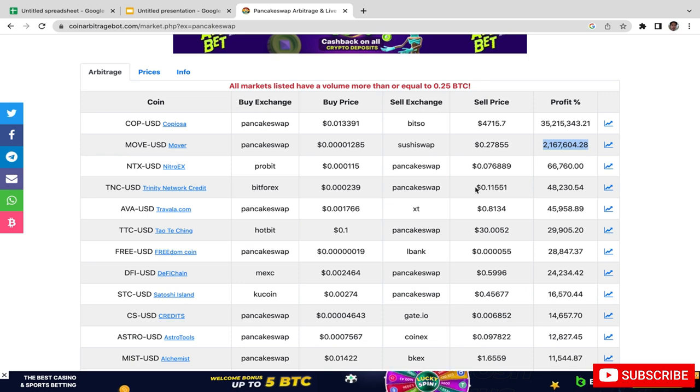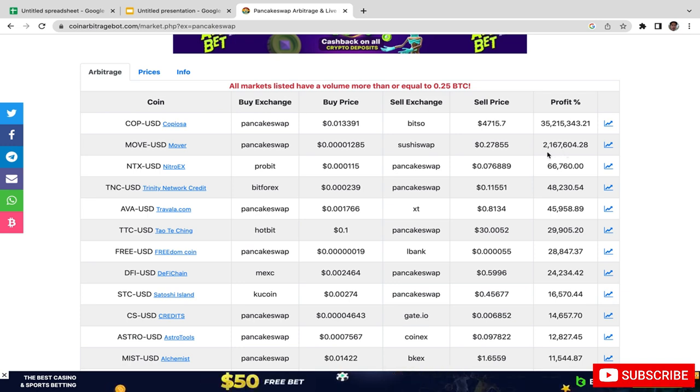The second one here. If you try to swap MOVE to USD on PancakeSwap, it only costs you like 0.00001, but on SushiSwap it costs you like 27 cents. So the profit margin here is pretty huge too, like 2.1 million.